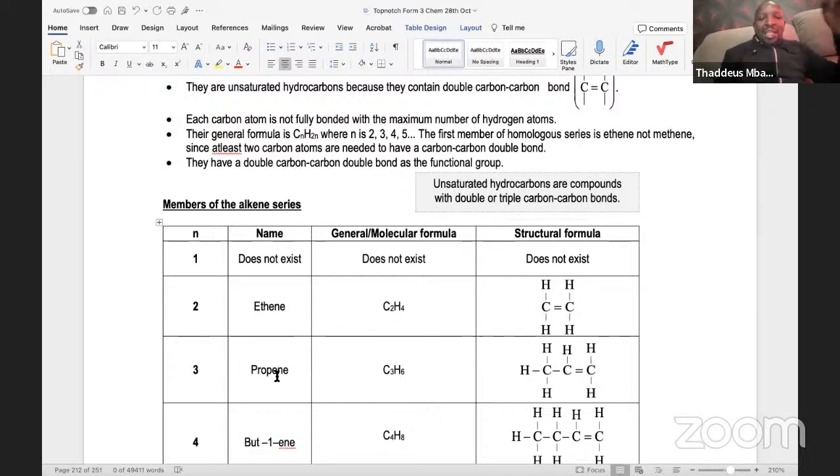The third member is propene. You just draw 3 carbon atoms, then you put a double bond somewhere. Then from there, you can make sure that each carbon atom has 4 bonds. So this carbon already has 1, 2. The other one has 1, 2. So the central carbon atom has 1, 2, and we have another bond there. We have 1 covalent bond, 2, 3.